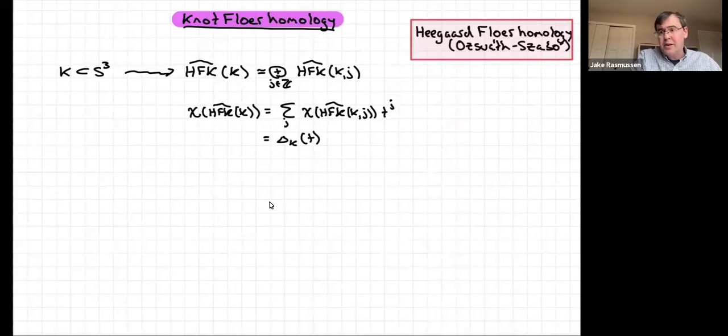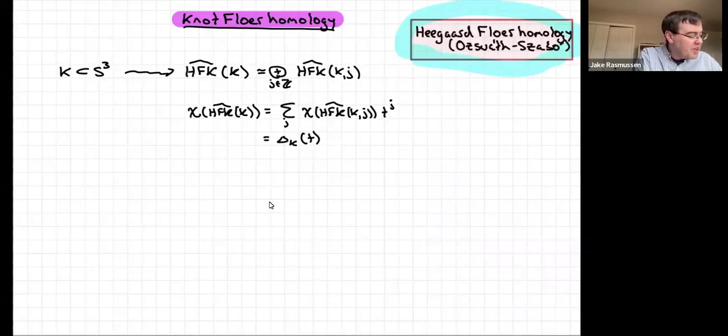All right, so the next thing I want to talk about a little bit is the notion of knot Floer homology, which is a categorification of the Alexander polynomial. This theory comes out of the Heegaard Floer homology of Ozsváth and Szabó.